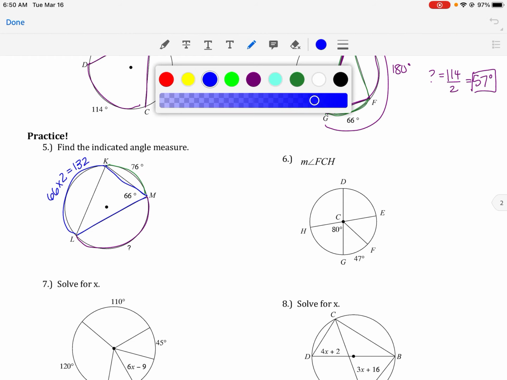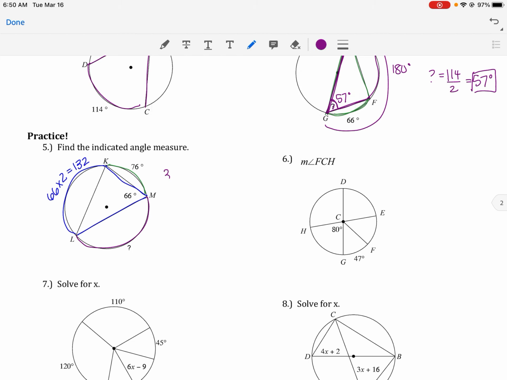Now to find the angle we're actually looking for, we know an entire circle is 360, so we're going to subtract the 132 and the 76, such that we get arc ML is equal to 152 degrees.